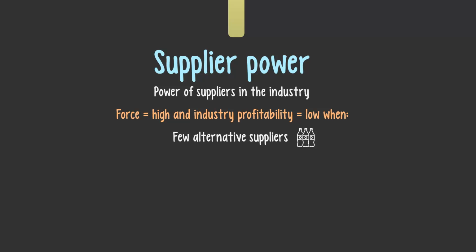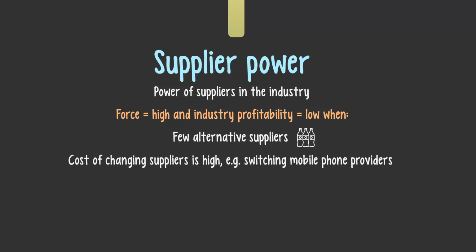And so, of course, the supplier could charge whatever they wanted because where are the producers going to go? So that would mean the force would be high because there's low profitability, because of course the supplies could very well be expensive.